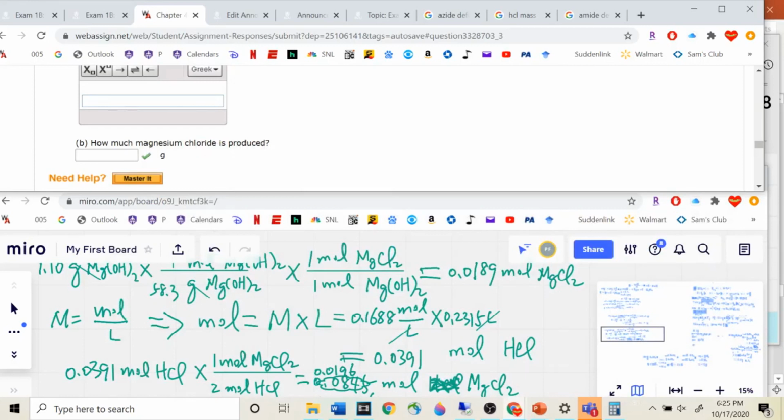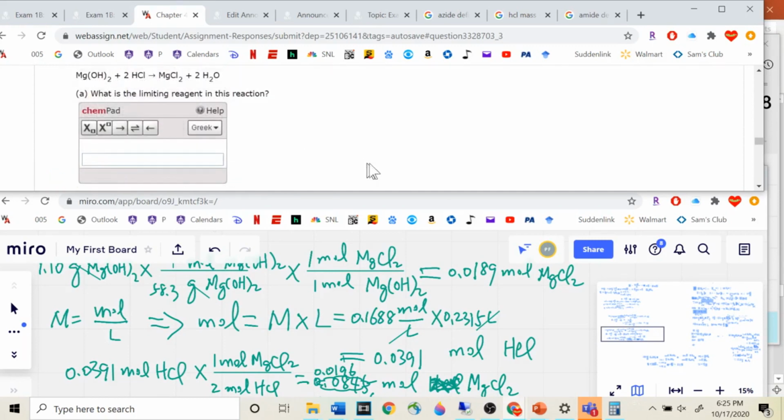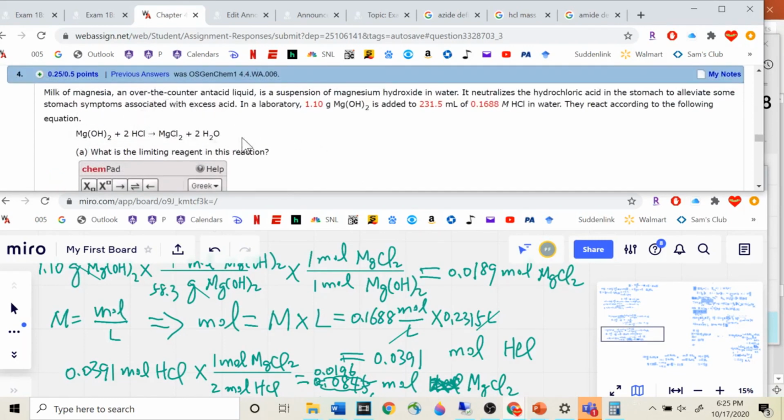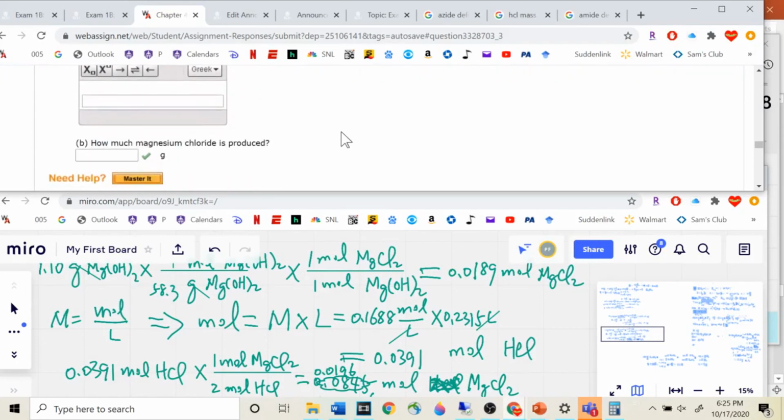In other words, it is asking for the theoretical yield for this particular chemical reaction. We just need to convert the moles of the desired product to grams of the desired product. So that should be just a simple one-step conversion. Okay, so let's do that.